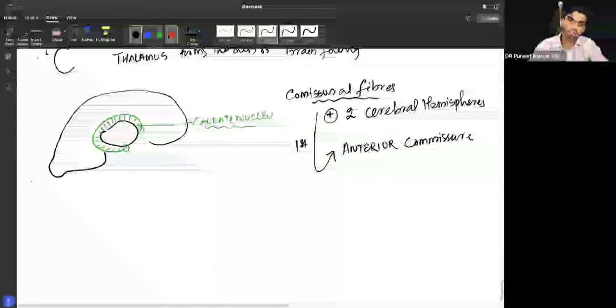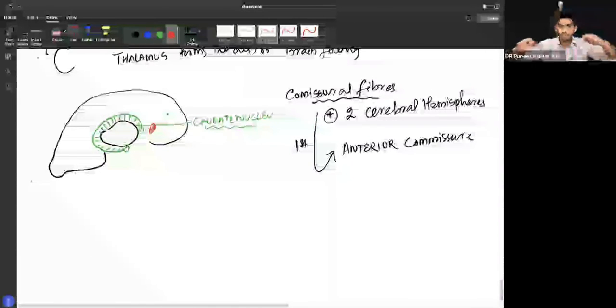The anterior commissure is present here. It joins both cerebrums anteriorly. This is the anterior commissure.